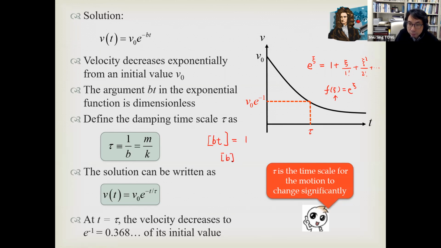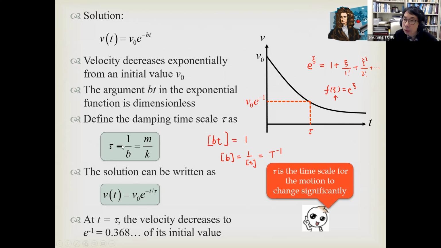So the dimension of B must be equal to the inverse of the dimension of time, right? Because this combination carries no dimension. And so the dimension of B must be the inverse power of time.